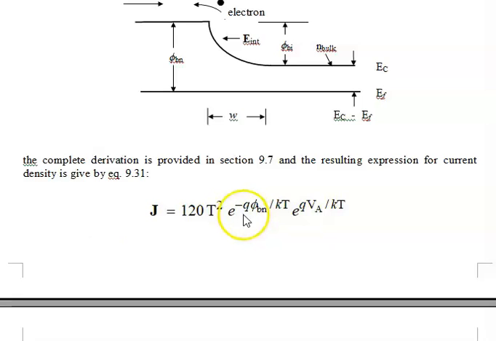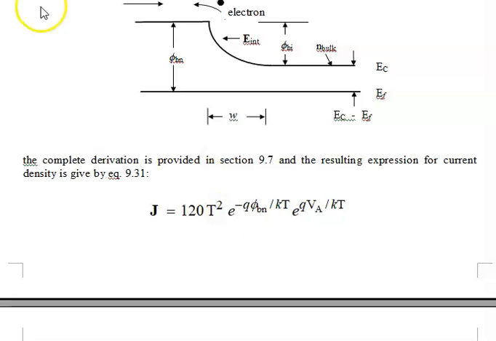This is the reverse bias part, where the current is approximately constant because phi Bn is approximately constant. The current has a strong variation with temperature. So all this at room temperature, we get reasonably large currents in forward bias. We get very small currents in reverse bias.